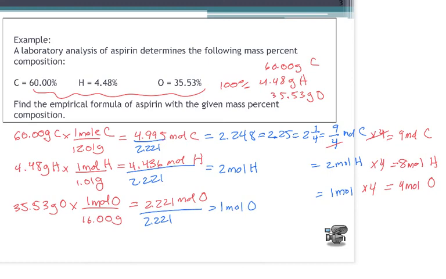Remember, when you multiply one number by 4, you multiply all of them by 4. So that's within the rules of mathematics. So our empirical formula becomes C9H8O4, and that is the simplest whole number ratio that we have.